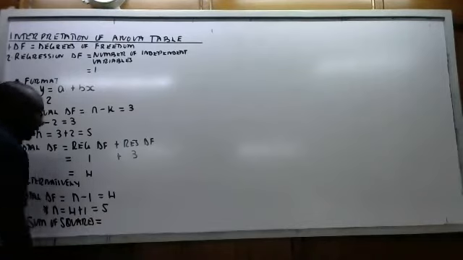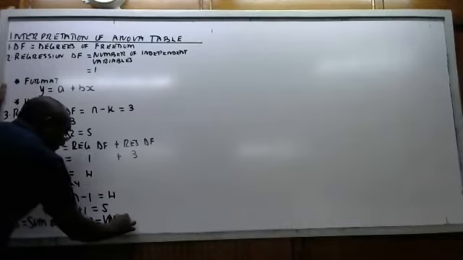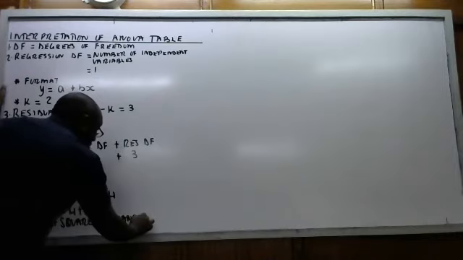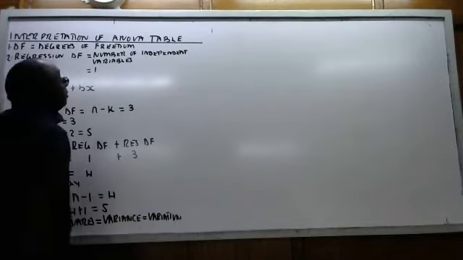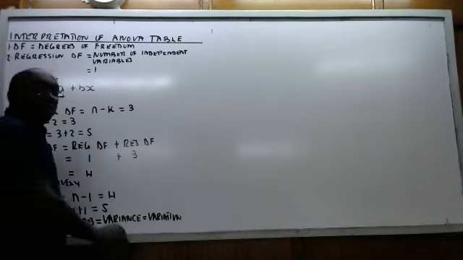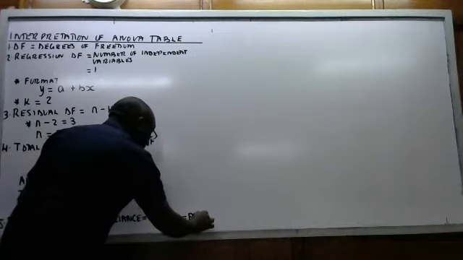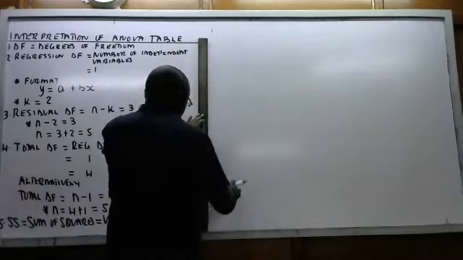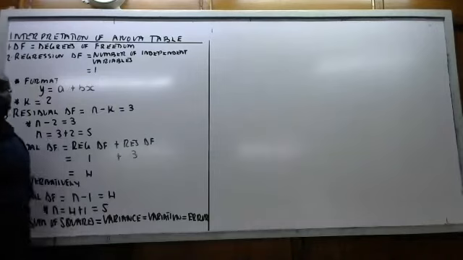And this one, when we are in general statistics, is what we call variance. It is also what we call variation. And some people also call it error.